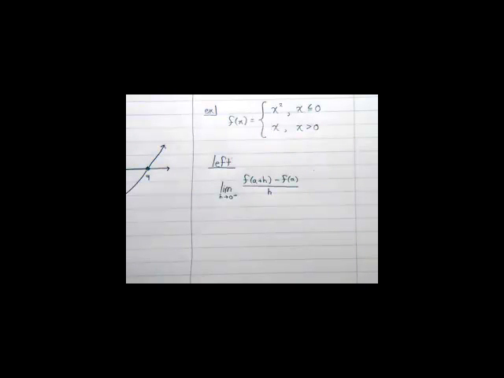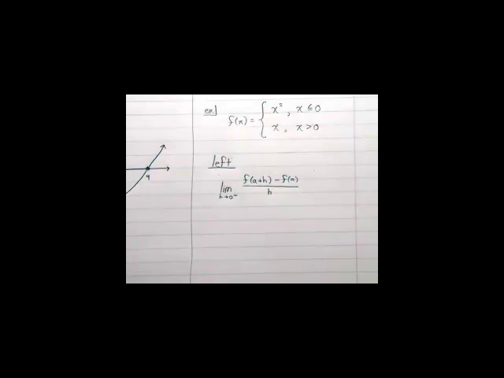Now this limit coming from the left-hand side simply indicates which piece I need to go with. So from the left, which piece am I using? First one or second one? First one, right? This is when x is less than or equal to 0. That's everything to the left of 0, right?